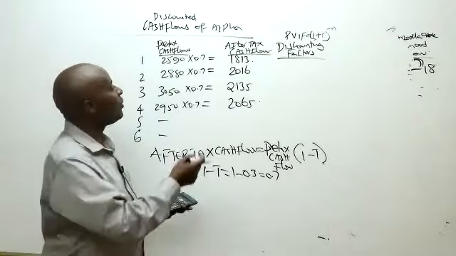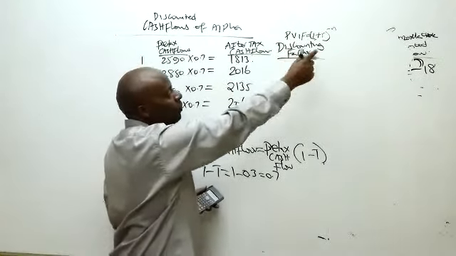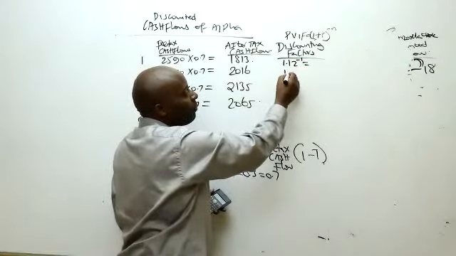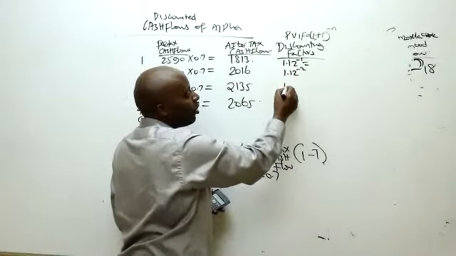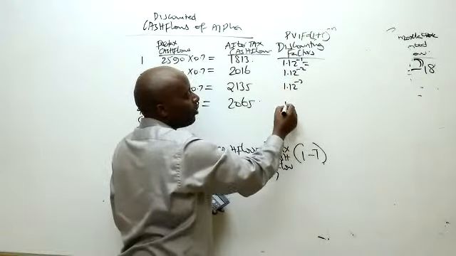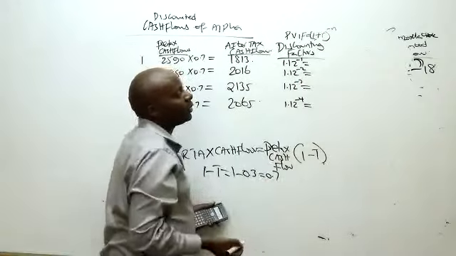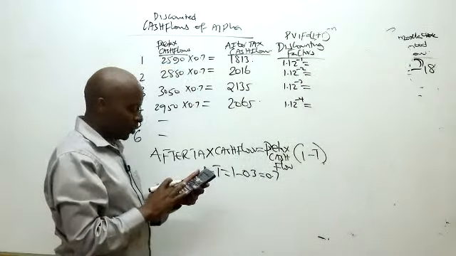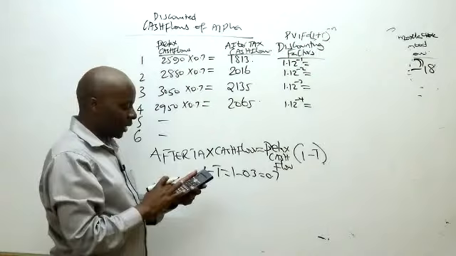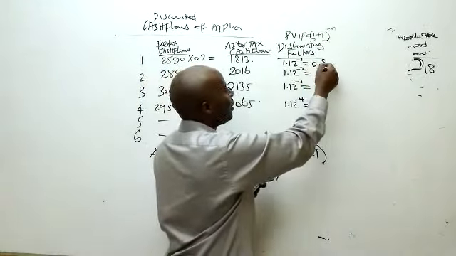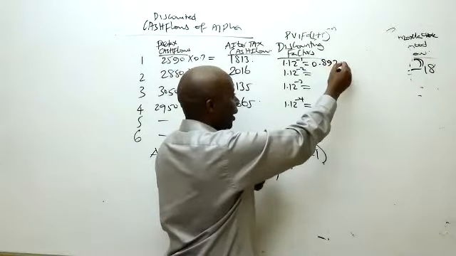So then we have 1 plus 12%, that is 1.12 raised to minus 1, 1.12 raised to minus 2, 1.12 raised to minus 3, 1.12 raised to minus 4. Give us figures. 1.12 raised to minus 1 gives us 0.8929.